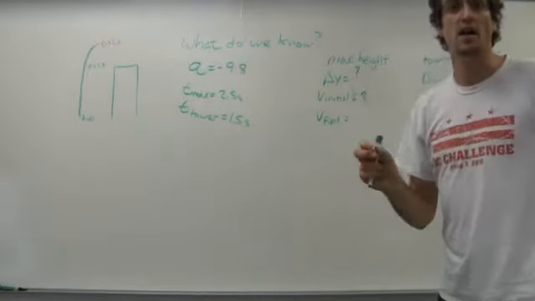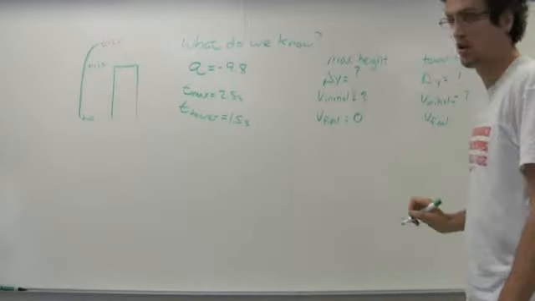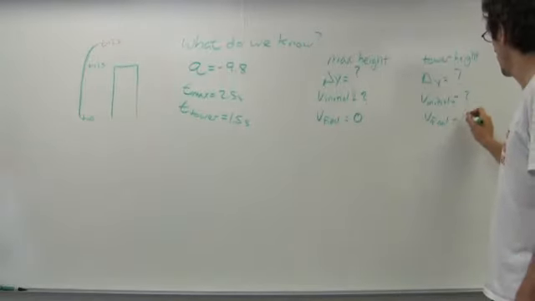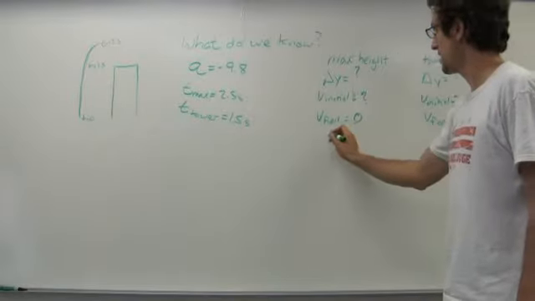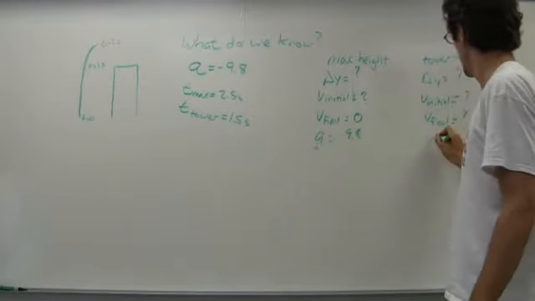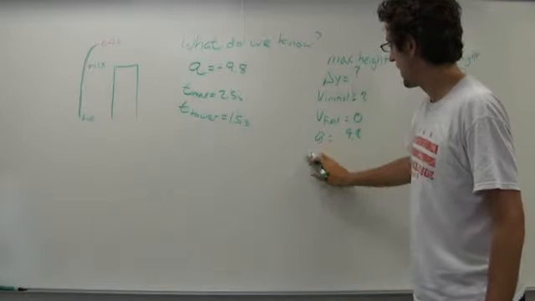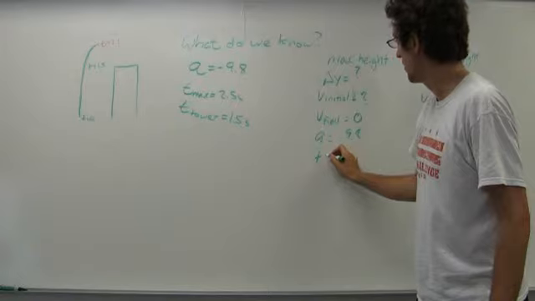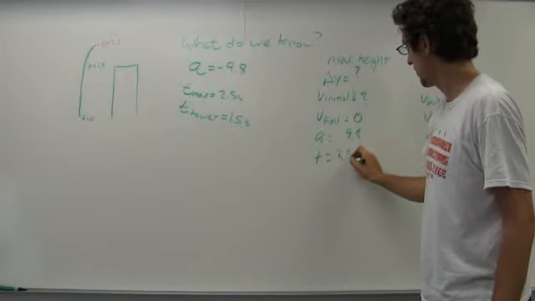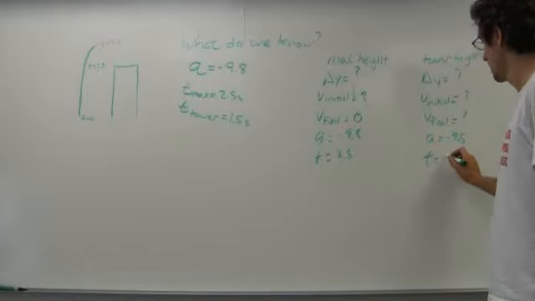At the maximum height, any object is going to have a 0 vertical velocity. So, V final equals 0, and for the tower, V final equals question mark. And as we noted, acceleration is negative 9.8. Time for the max height is 2.5 seconds, and time for the tower height is 1.5 seconds.